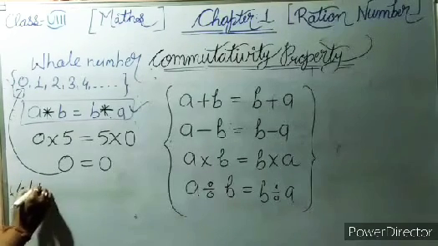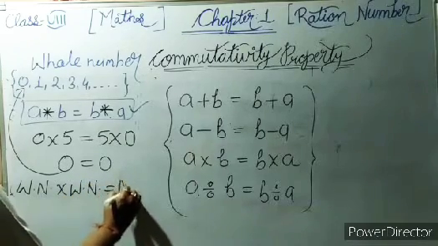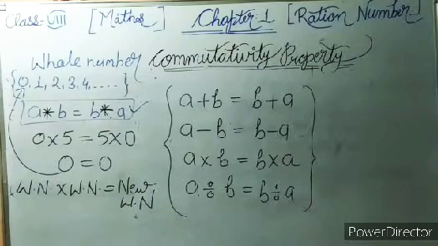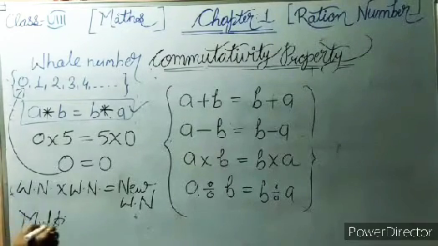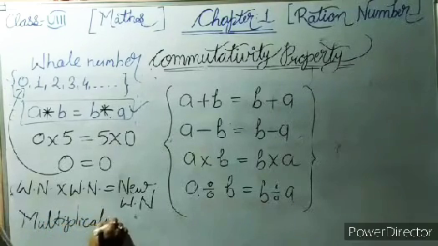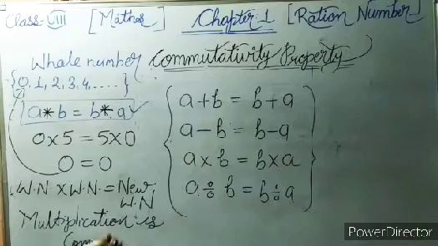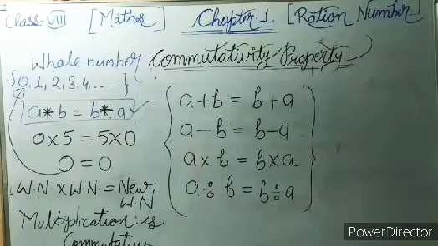That means if we multiply two whole numbers, we will get a new whole number only. That is why we say multiplication is commutative. Okay, because they follow this rule.